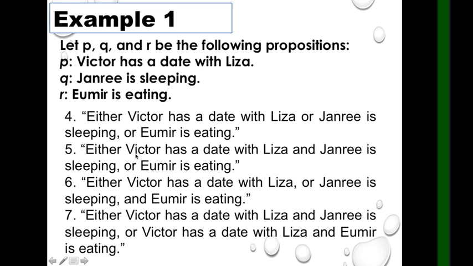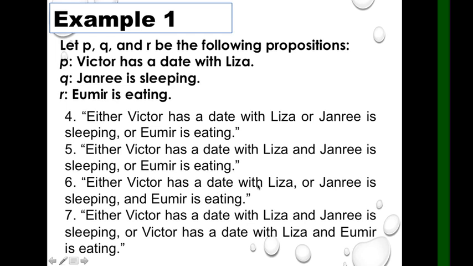So we have January is sleeping. So I think they're all true actually. In example 5, we all get all of this. Wala namang negation na nakikita. So our answer may be P conjuncts Q, because of this and, disjuncts R. So, ganun siya.